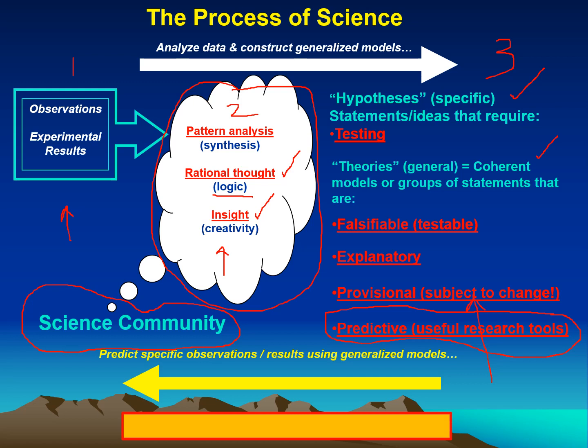Well, I want to finish this slide by pointing out this bottom arrow, this yellow arrow. And what I want to emphasize here is that, frankly, the more common way of doing science is not to proceed from 1 to 2 to 3, but to run the scientific process the other way, from 3 to 2 to 1.